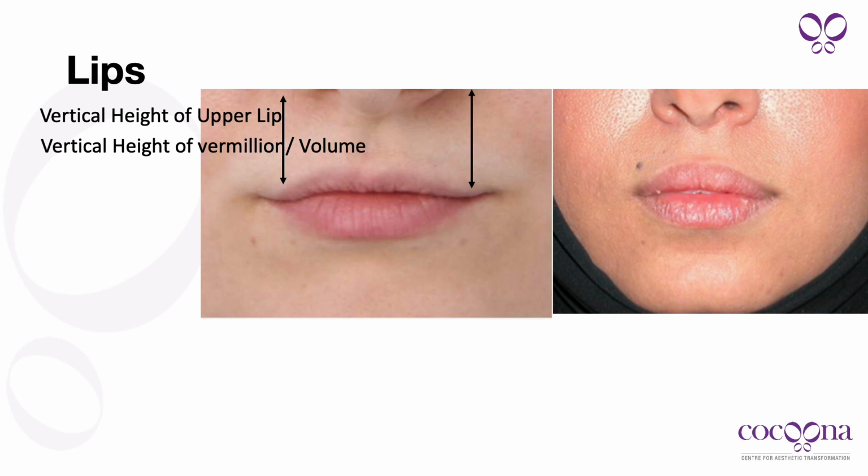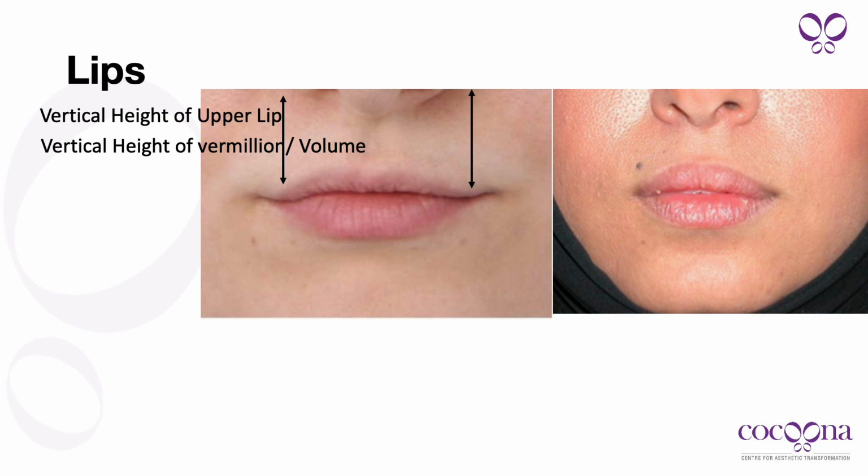Then you look at the vertical height of the vermilion on this side and the vertical height of vermilion on this side. You will see that there is deficiency of volume here, or the vertical height is less than on this side, whereas the vertical height in this particular patient is good and equal.